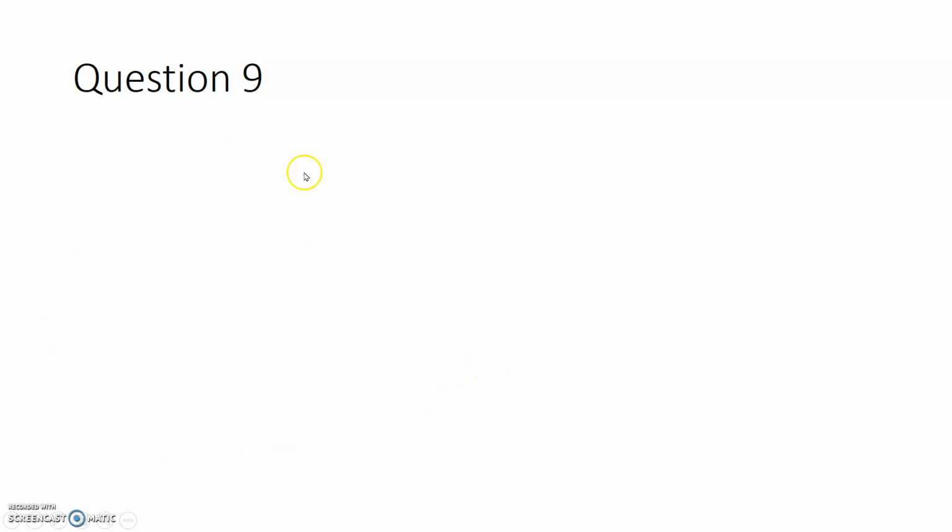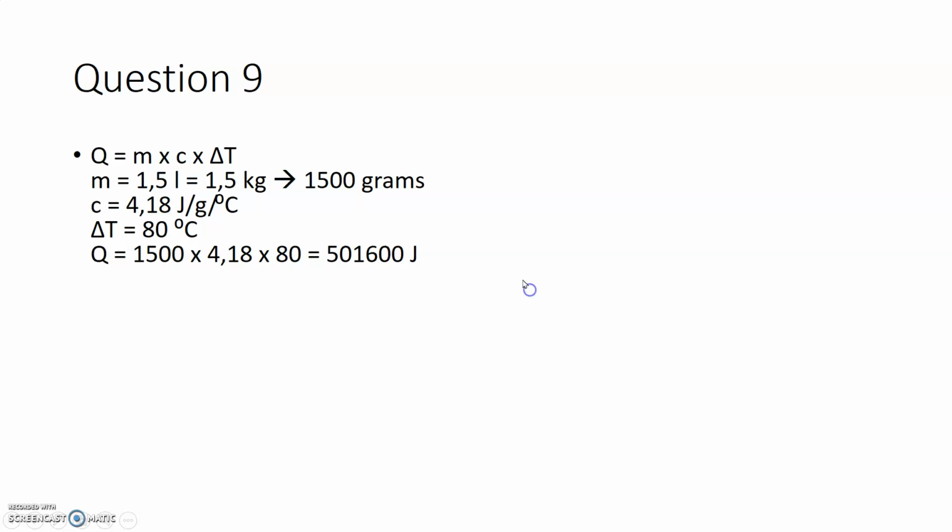Well, the first step is, just as the previous question, Q equals m times c times delta T. You know the amount of mass, 1500 grams. c and delta T still remain the same. So the amount of heat supplied is 501,600 joules. And that's the amount of heat necessary to heat up the water.